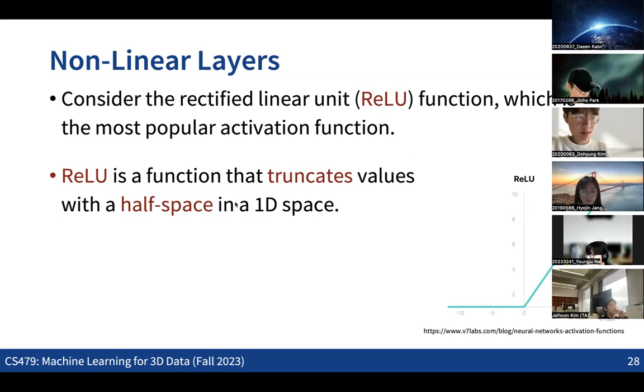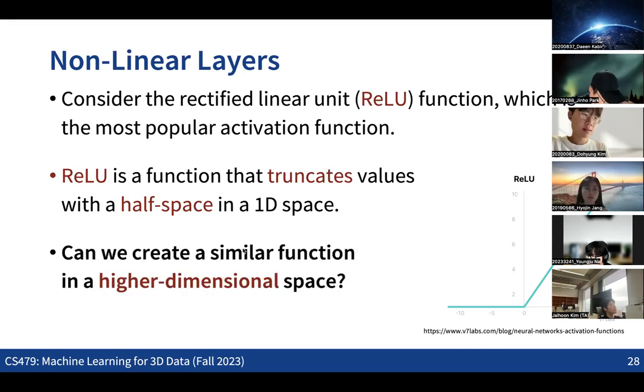So what we do with the ReLU function is that we specify the half space, which is just like setting a threshold in the one-dimensional space, and any value below this threshold becomes 0, right? So this is the way that we truncate the values with the half space in the one-dimensional space.